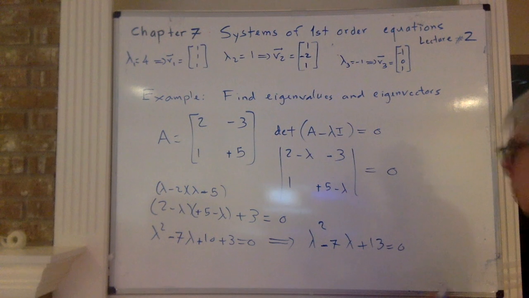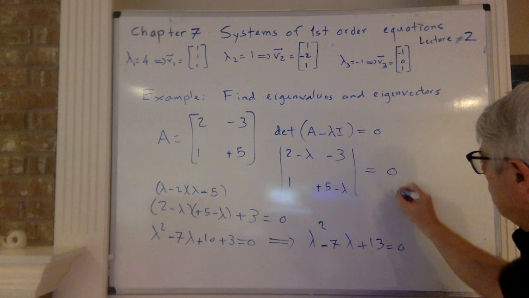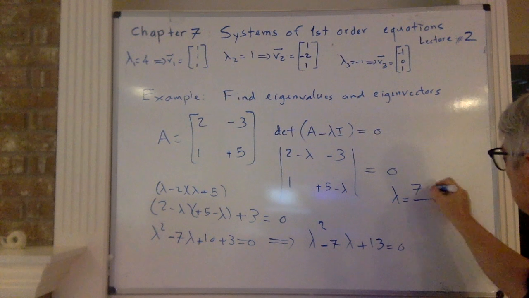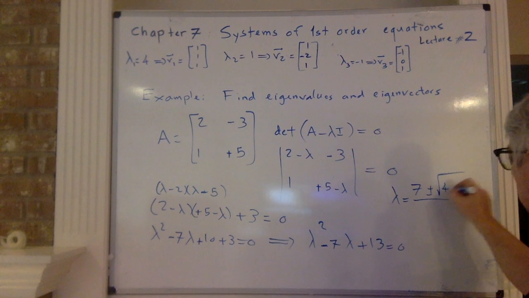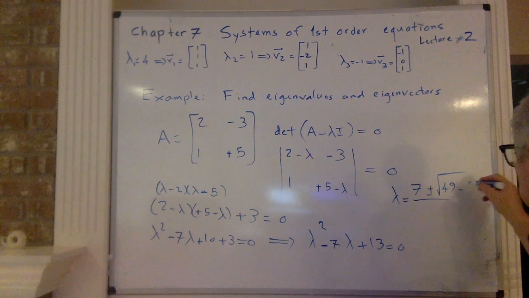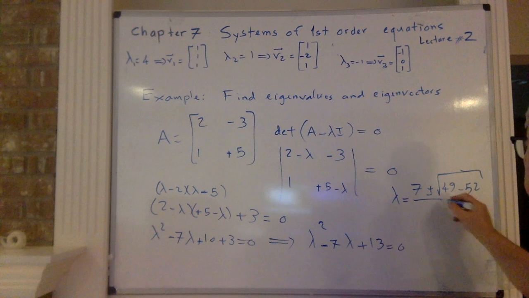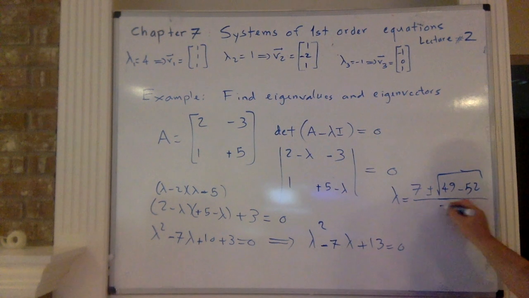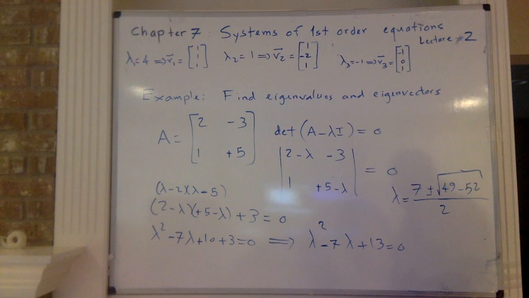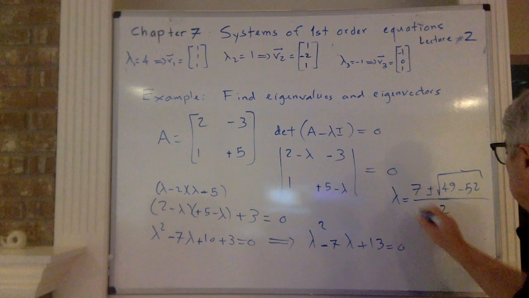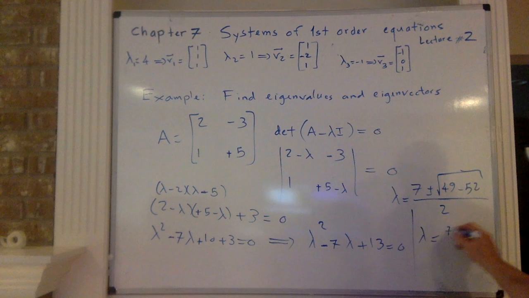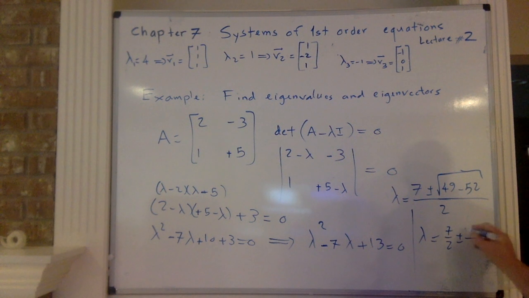So lambda is 7 plus or minus the square root of 49 minus 52, over 2. This is much better. So 49 minus 52, that is minus 3. So I have lambda is 7 over 2 plus or minus the square root of 3 over 2 i. Yeah, that is much better.